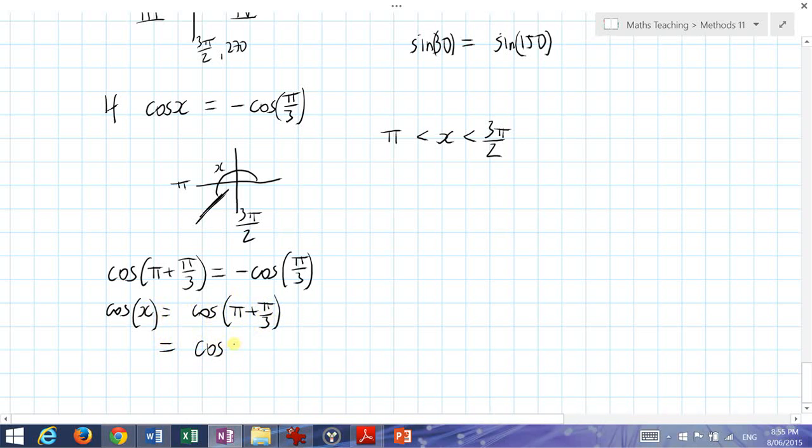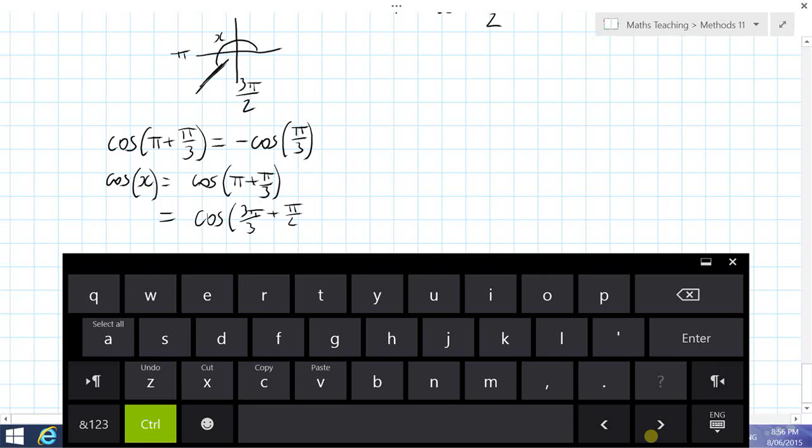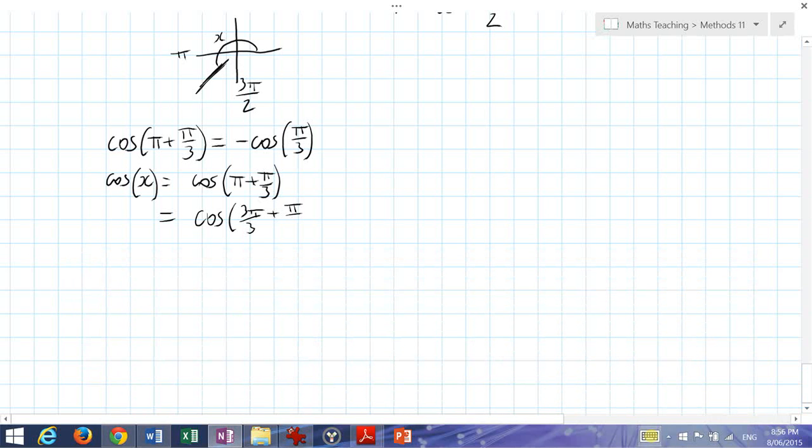And then it's a matter of adding them together. That pi plus pi on 3 is going to be 3 pi on 3 plus 1 pi on 3, and we end up with cos of 4 pi on 3.